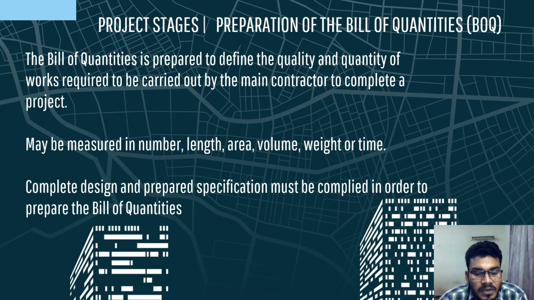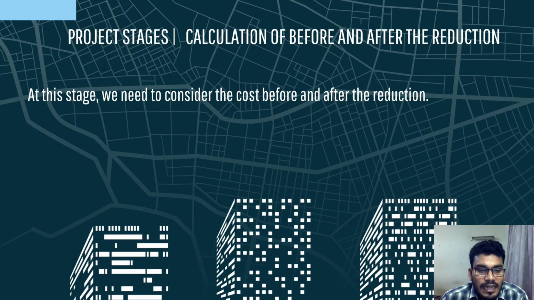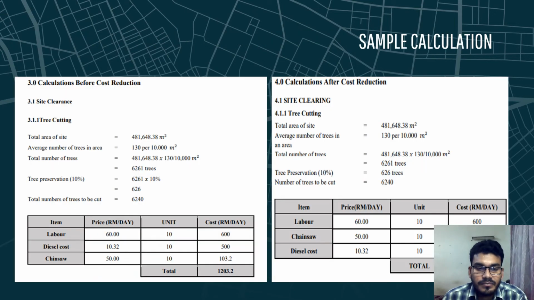The complete design and specifications must be compiled in order to prepare the bill of quantities. The last stage is the calculation of before and after reduction, where we need to consider the cost before and after the reduction.